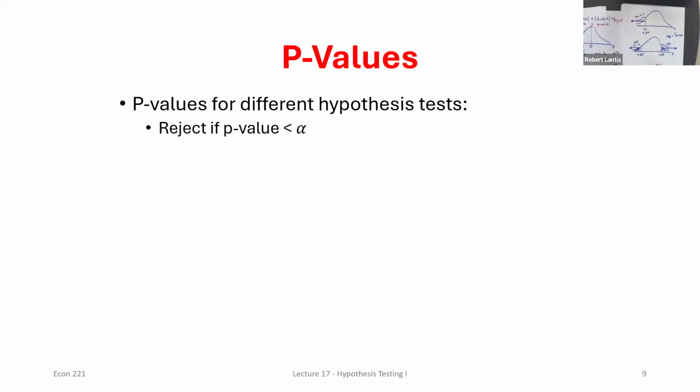We have to see test statistics in that rejection region. Anytime I have a test statistic in my rejection region, the p-value associated with that test statistic has to be less than alpha.